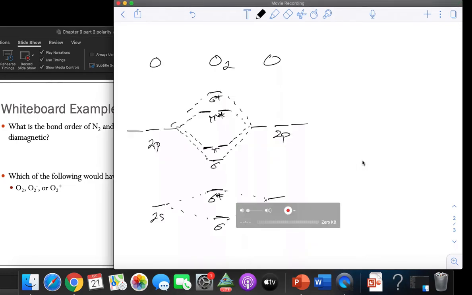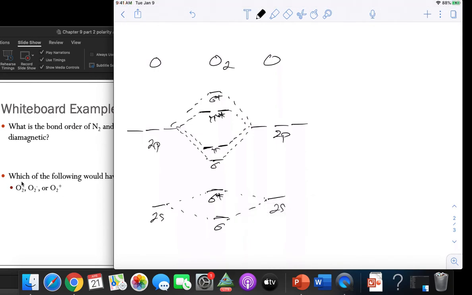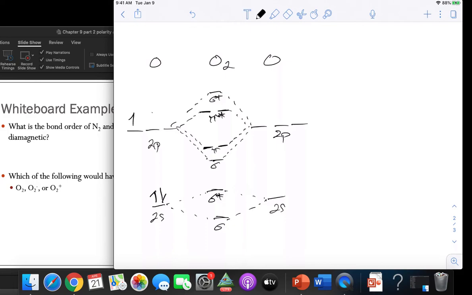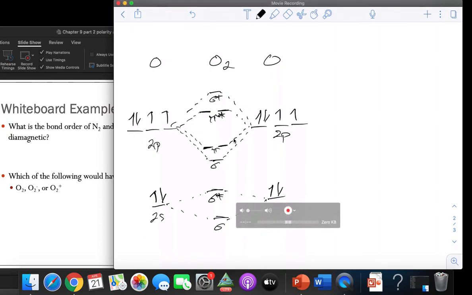To figure that out, oxygen has 6 valence electrons, right? So it'd be 2s2, 2p4 for each of these on the outsides. I'm going to add our electrons here. It's a total of 6 electrons from each oxygen, so we have a total of 12 electrons on the outsides, which means we are going to put 12 electrons in the middle.